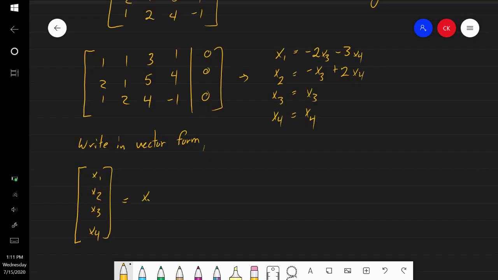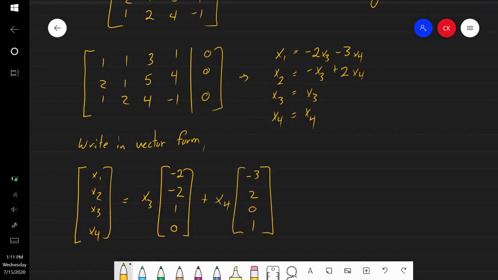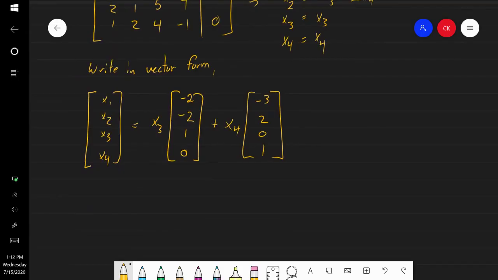And this is going to be equal to x3 times (minus 2, minus 1, 1, 0), and x4, so plus x4 times (minus 3, 2, 0, 1). So there is our description of the set of all vectors here. So it has to be a linear combination of these two vectors if it's going to output the zero vector.